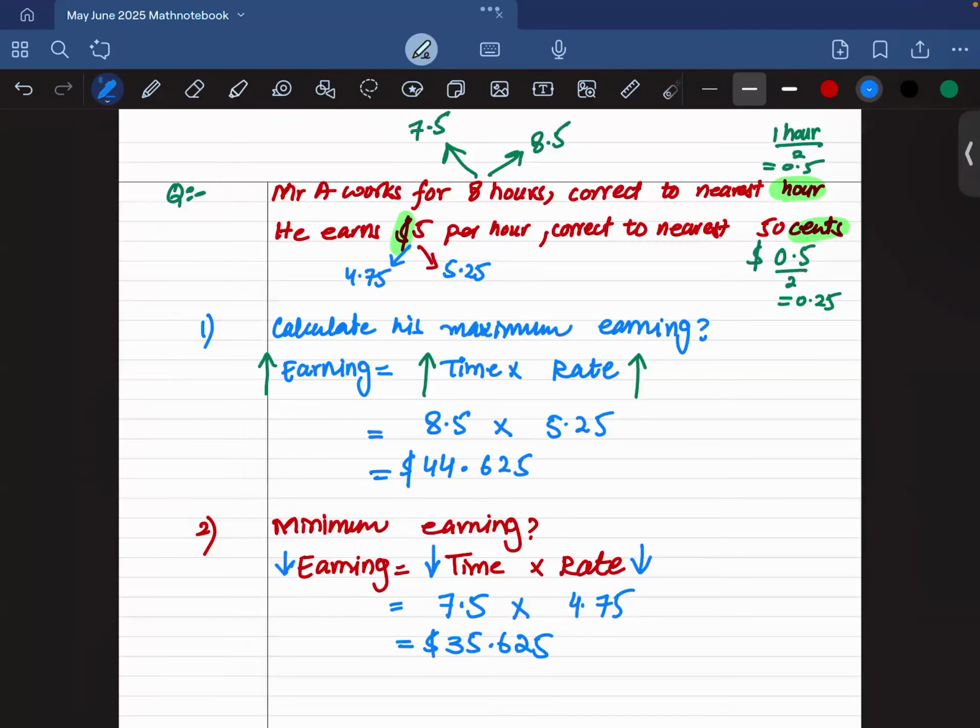Now you can see, Yamna and Ramin, that 35.625 is the minimum earning he can have, and 44.625 is the maximum earning he can have, given these errors. Understood or not? Yes, sir.